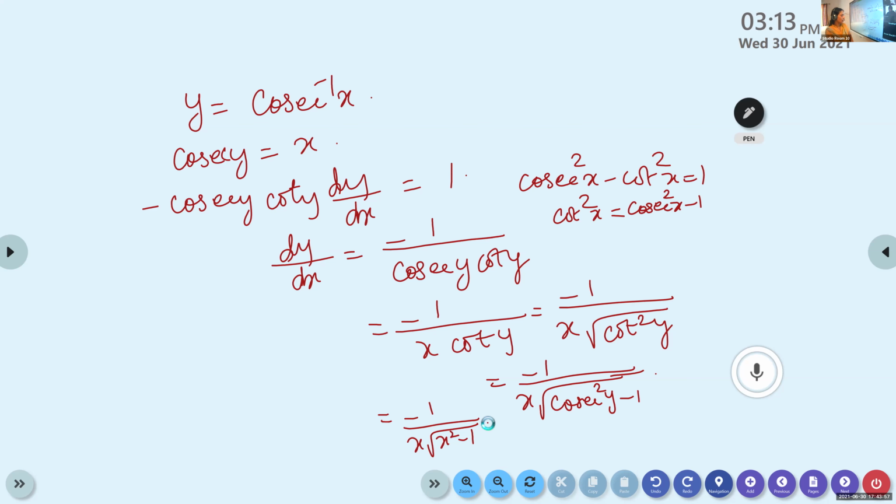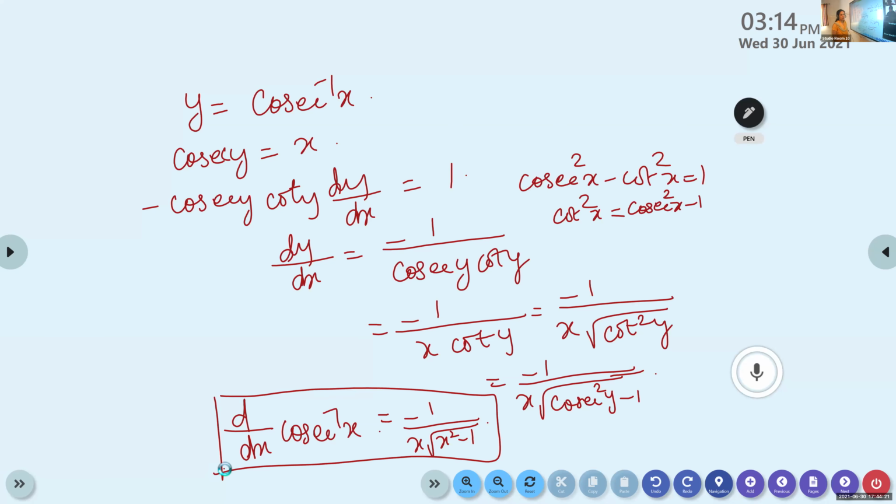Therefore, the derivative of cosec inverse of x is minus 1 by x into root of x square minus 1.